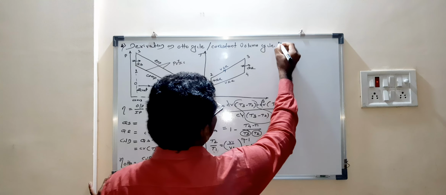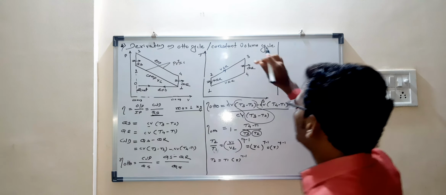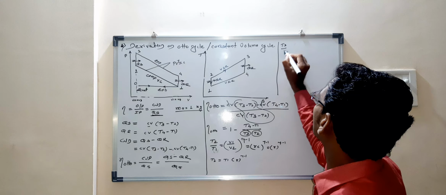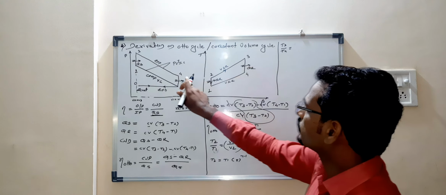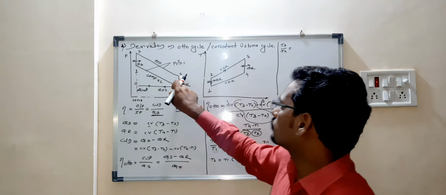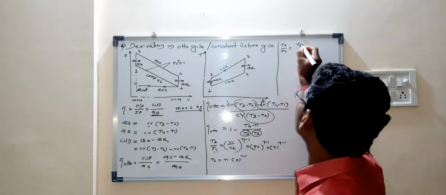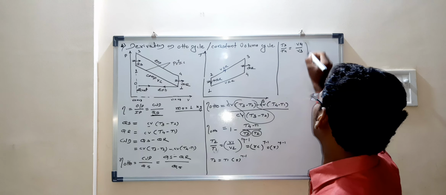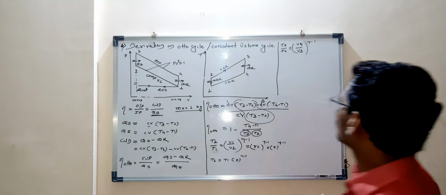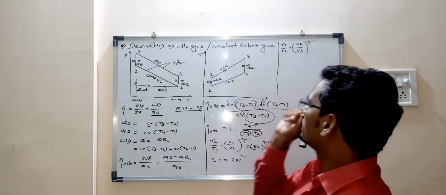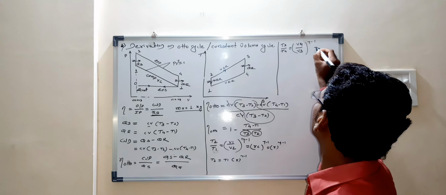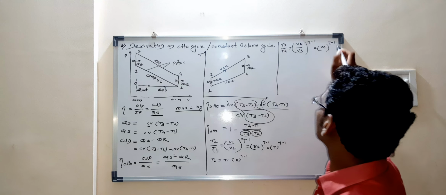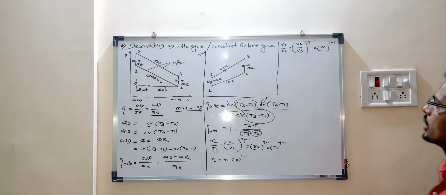Okay, now similarly find out the value of T3. T3 by T4 is equal to (V4 by V3) raised to the power gamma minus 1, because V4 is the highest value. V4 by V3 is also equal to the expansion ratio R, raised to the power gamma minus 1.